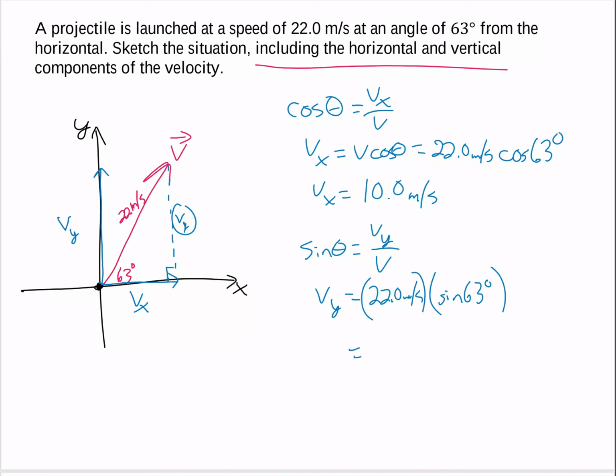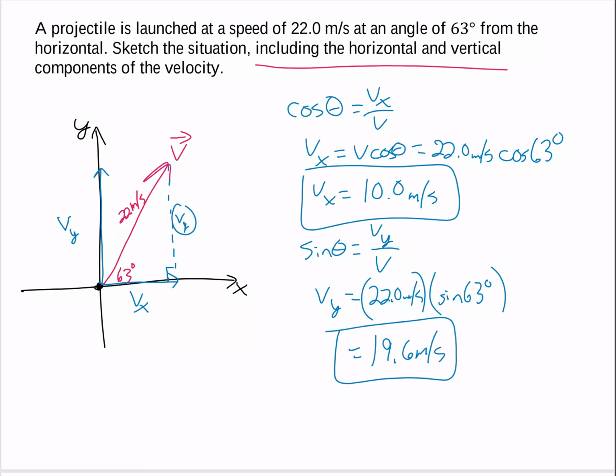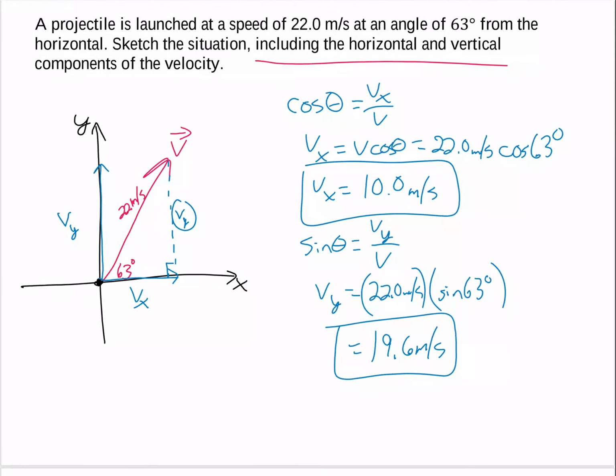When we plug all that in, we get 19.6 meters per second. Now check to see if this makes sense. v sub y should be less than 22 but more than v sub x, and that's exactly what we got. So we're good. We have everything figured out, and we're done. Okay, so that's how that goes.